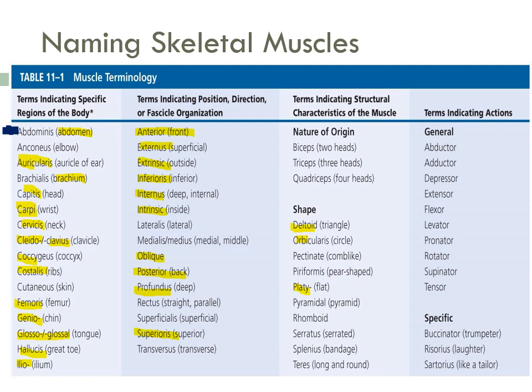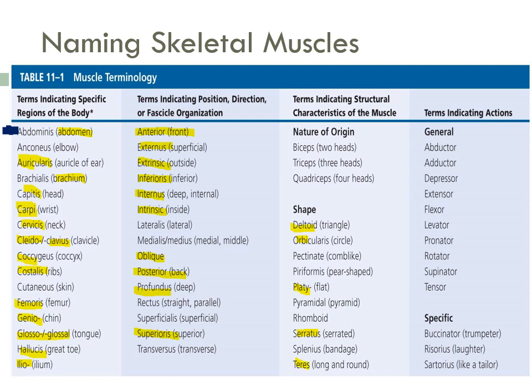Pyramidal would be pyramid-shaped. Rhomboid would be shaped like a rhombus. Serratus is serrated, so that again, like the pectinate, would have multiple origins or insertions. The splenius looks like a bandage. That one, I wouldn't probably memorize. Teres muscles are long and round.